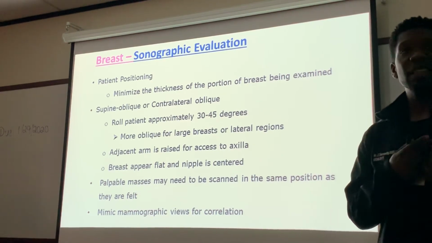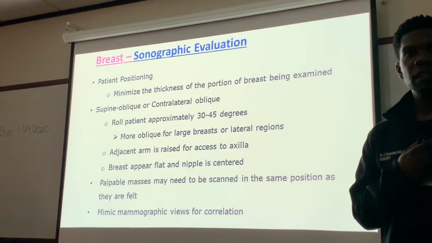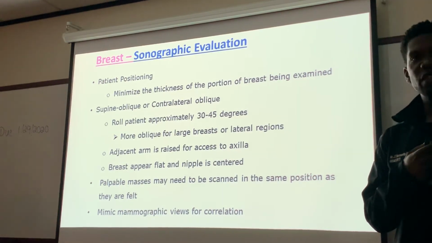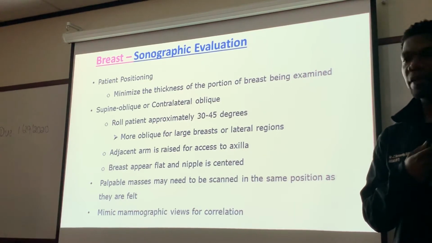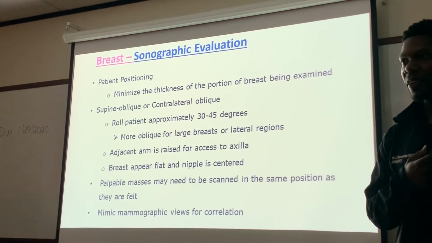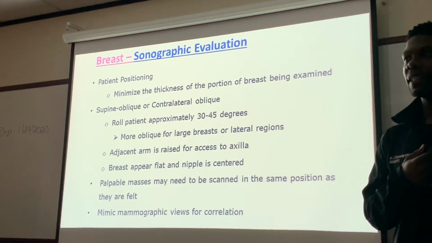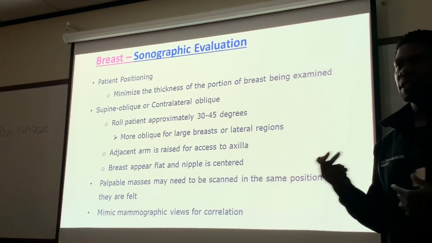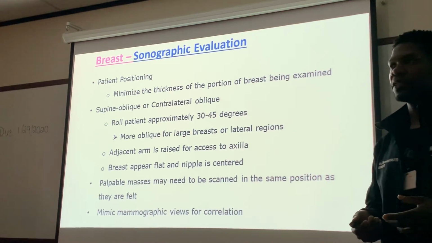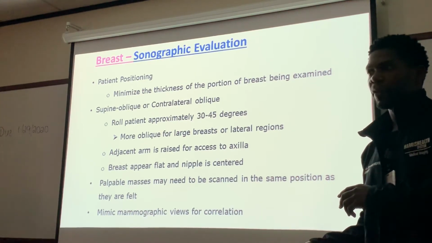Sometimes people can only feel stuff when they're standing up, right? Like guys with the scrotum, fumbling around, saying 'I feel it right here,' and then you have to scan while they're sitting up. Same thing with the breast: you just have to be flexible if you can't see a mass with the patient in the perfect position.